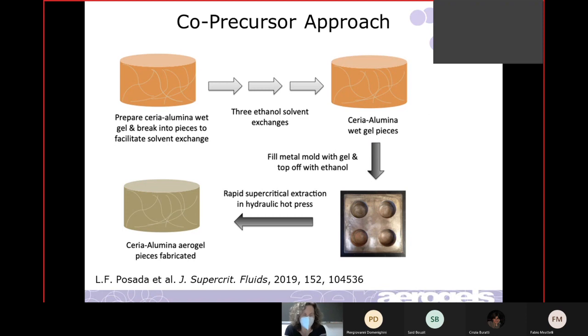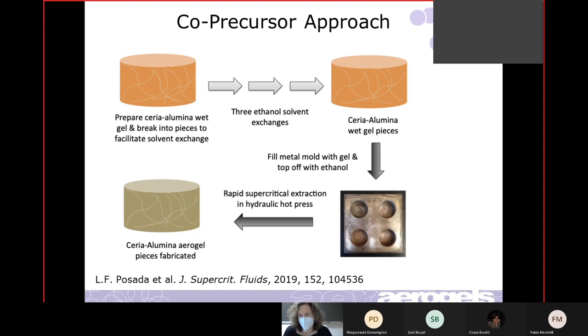And a gel forms that contains both the cerium oxide, which is known as ceria, and the aluminum oxide, which is known as alumina gel. So we take that wet gel, and again, we break it into pieces to facilitate solvent exchange, and do 3 solvent exchanges with ethanol, and then put the pieces of the gel into a mold and do our rapid supercritical extraction. Now you might be saying to yourself, this doesn't seem as rapid anymore.